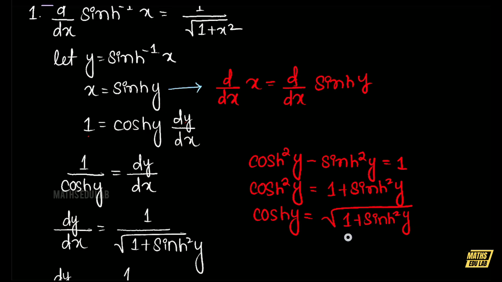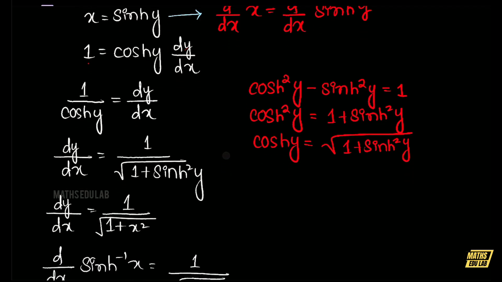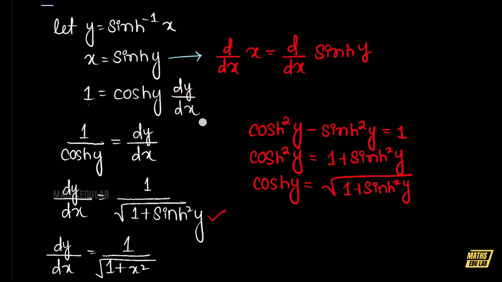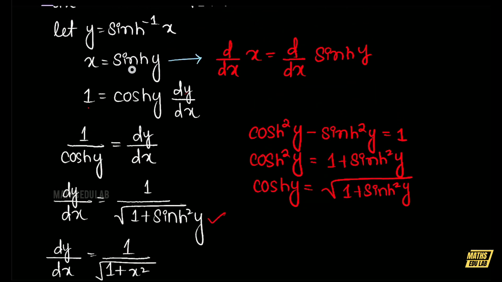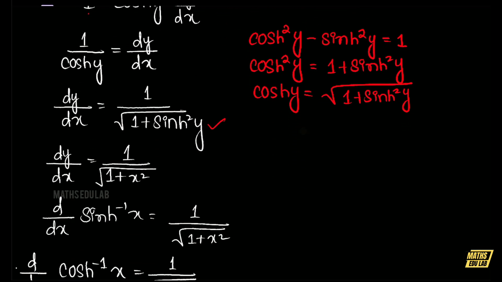This is the formula which we got for cos hyperbolic y, and this value has to be substituted in the next step. So if you see here, sine hyperbolic y we have taken as x, that means the function we have taken as x. So here I have written 1 upon root over 1 plus x square.